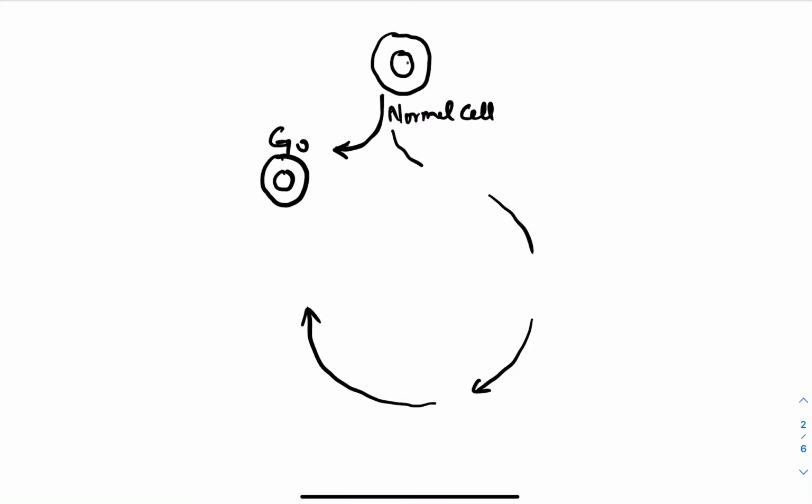There are two types of genes found in this normal cell.